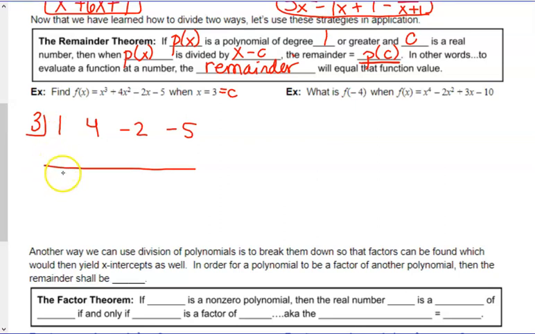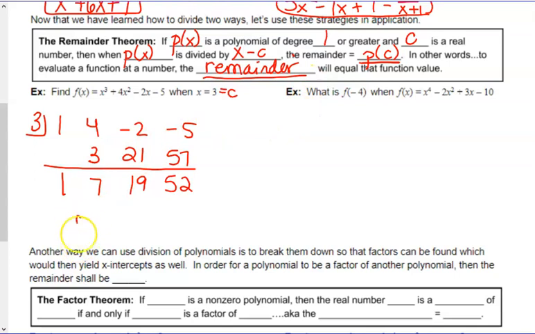I'm going to bring the 1 straight down, multiply by c to give me 3. Add the 2 gives me 7. Multiply by c gives me 21. Add the 2 gives me 19. Multiply by c gives me 57. And add the 2 gives me 52. So I don't care about any number in that work except for the remainder.